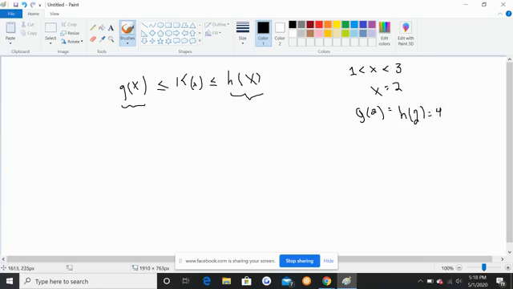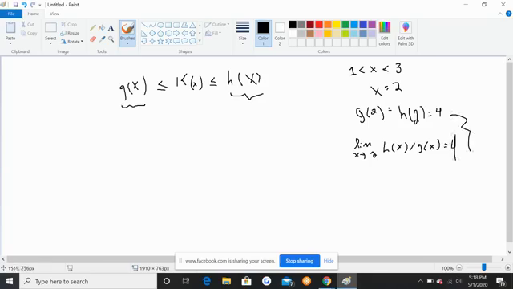By definition, this means that as x approaches 2, the limit of h of x and the limit of g of x, this is not the ideal way to write this, this just basically means both, right? I'm not saying divided by, I'm just trying to make a point for you guys. The limit is also equal to 4. So by definition, these are continuous.